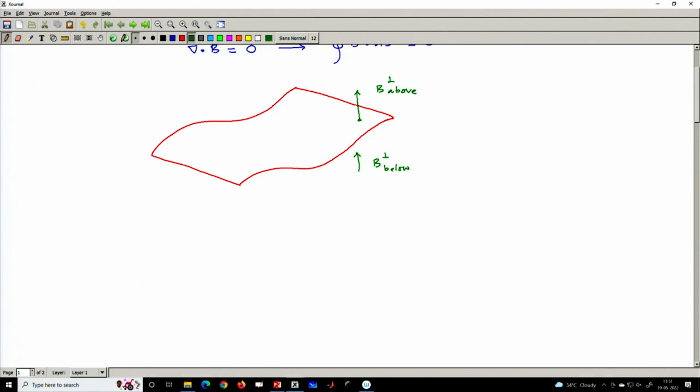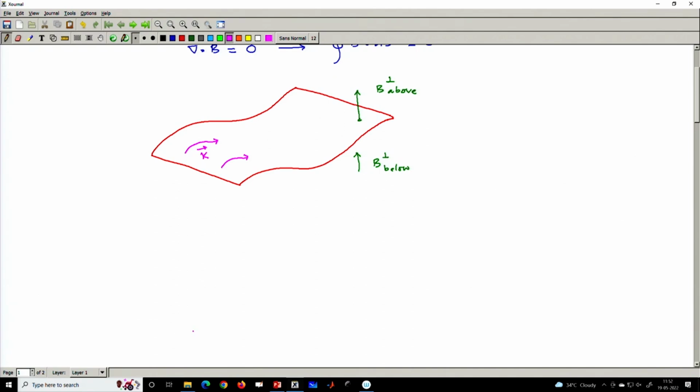So, two sections are there, below and above, and the perpendicular component of the magnetic field, I write B below and B above, and the surface current that is flowing here corresponds to K vector, and that is flowing over the surface. So, we have the surface current that is flowing.